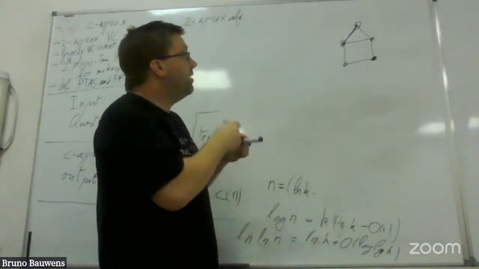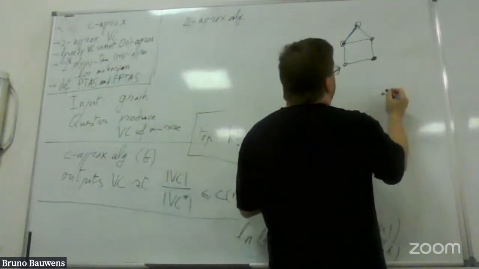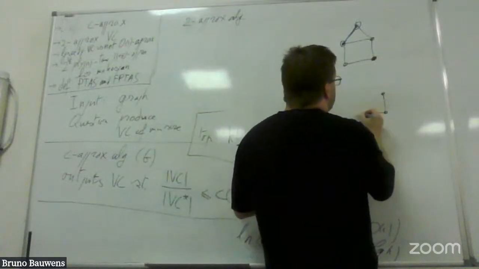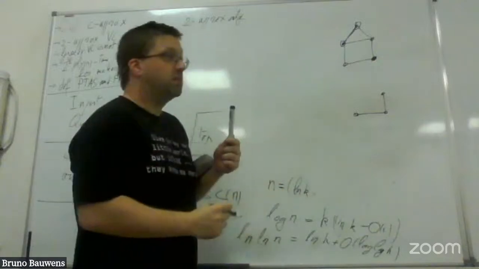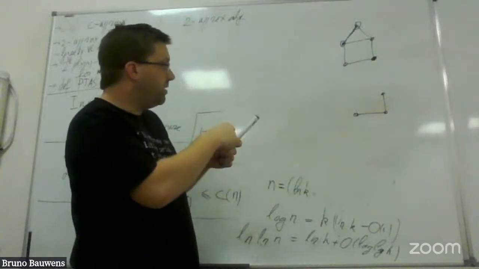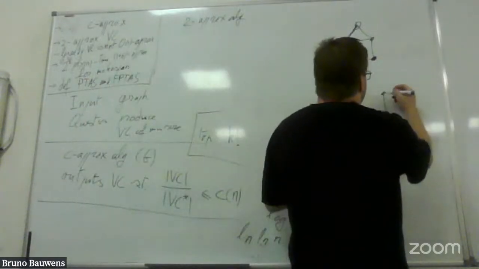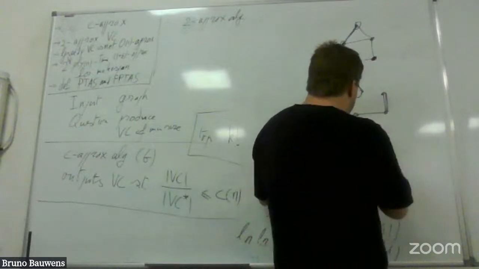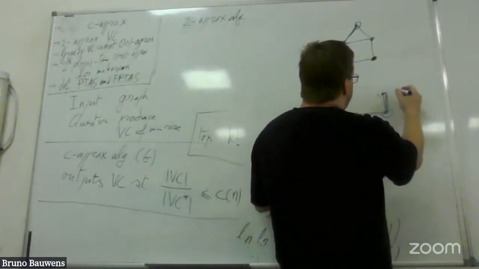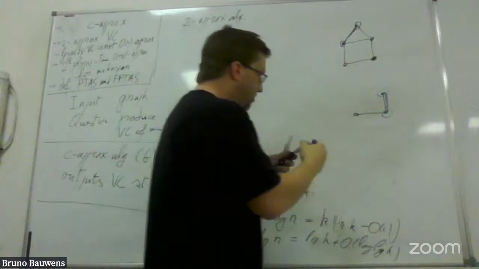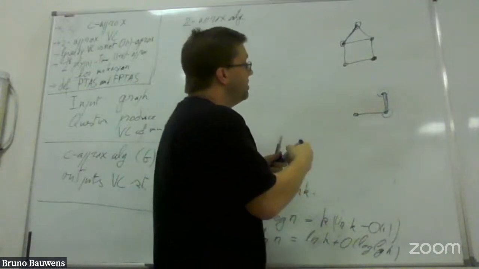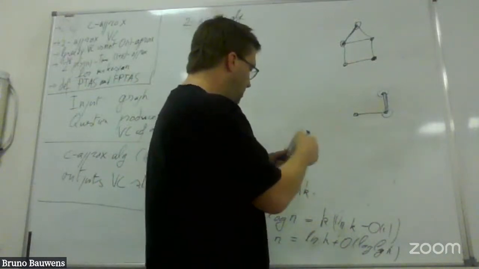Then the remaining graph will contain three nodes like this. So after removing the blue edge, we select this edge, for example, and add the two nodes to the vertex cover. So the found vertex cover consists of four nodes.